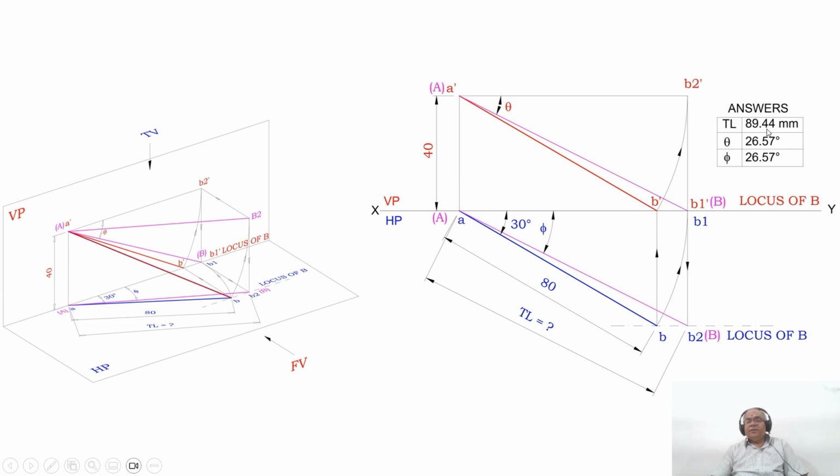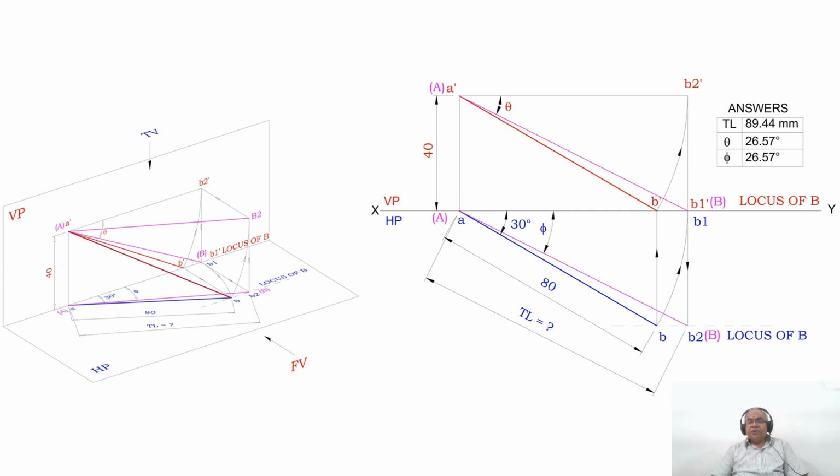The true length of the line will be 89.44 mm, and the true inclination with respect to HP is 26.57 degrees, which is 27 degrees, and the true inclination with respect to VP will also be 26.57 degrees.